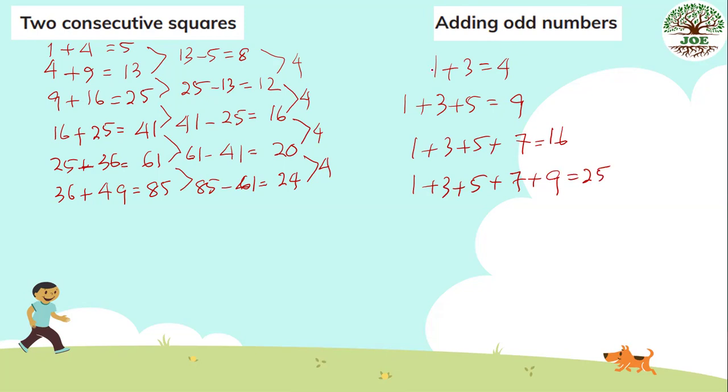So if we add 2 odd numbers, we get 2 squared. 3 odd numbers, we get 3 squared. And 4 odd numbers, we get 4 squared. It's amazing. If we add 5 odd numbers, we get 5 squared.